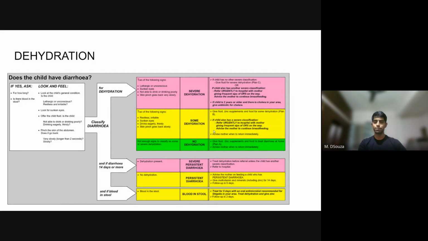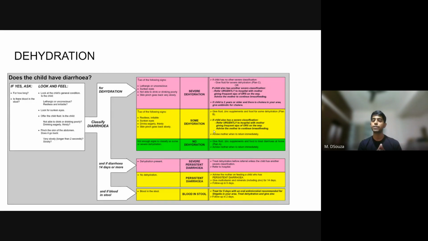For children with some dehydration, over here is where it's important to give them a stat dose of ORS. This is where our concept of ongoing losses, dehydration correction, maintenance fluids comes to the picture. So when we have any amount of dehydration, that's where your third component of dehydration correction comes into being.